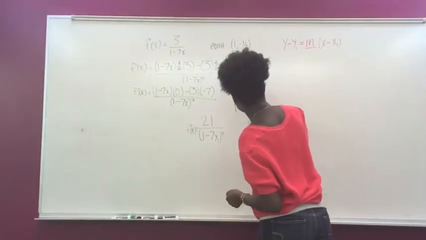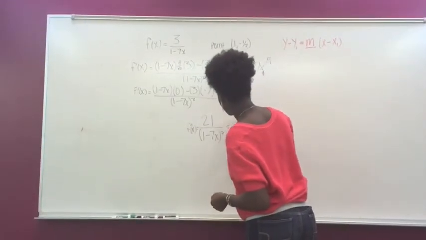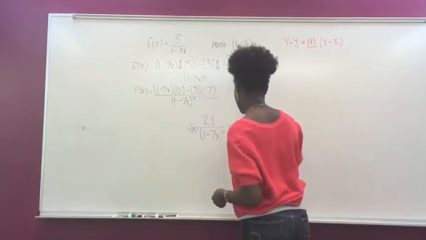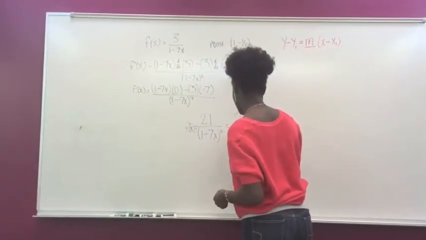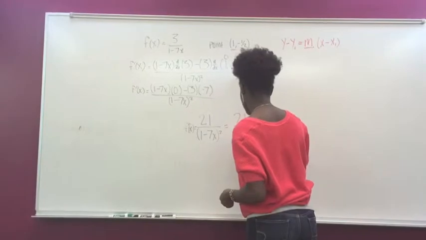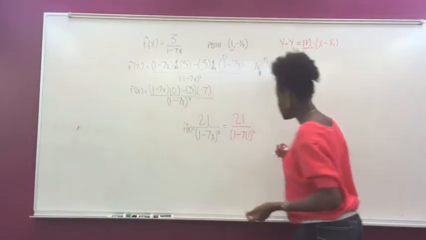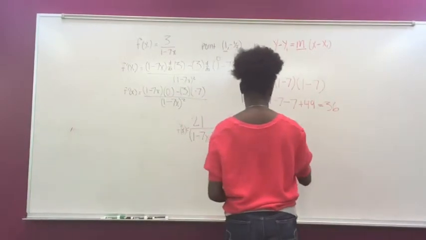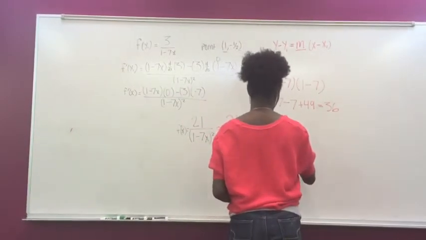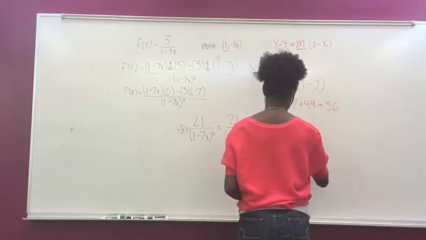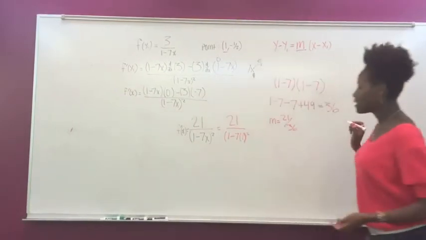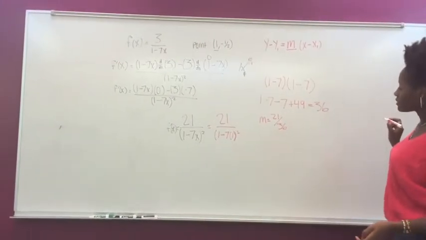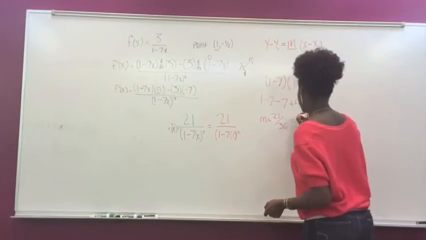So slope equals 21 over (1 minus 7 times 1) squared. So we're going to 6. So now you have the slope equals 21 over 36, which can be reduced to 7 over 12.